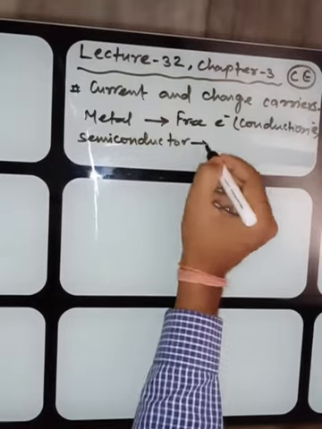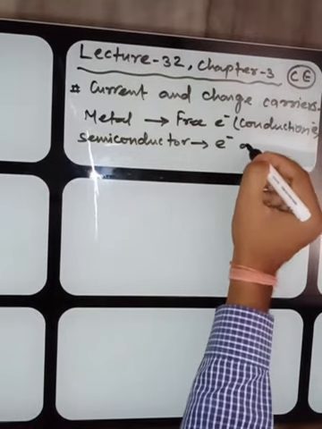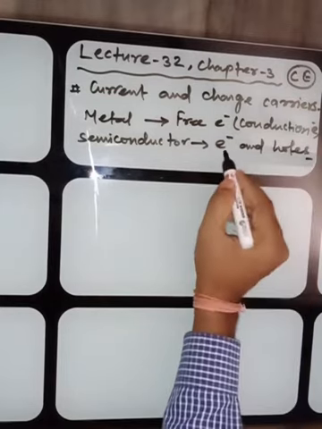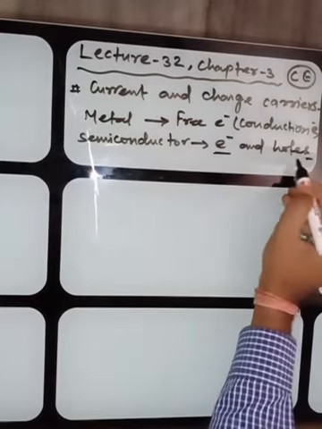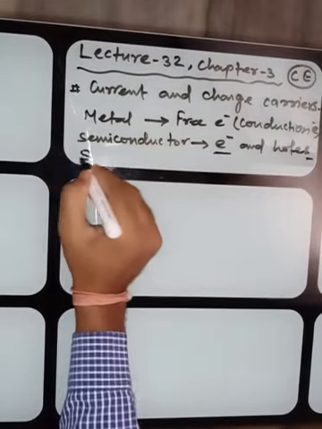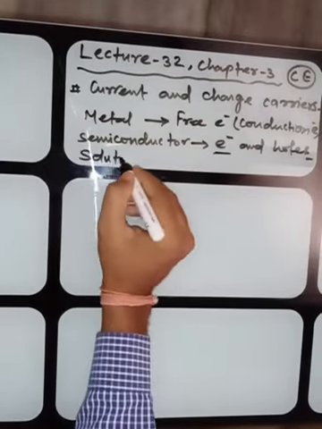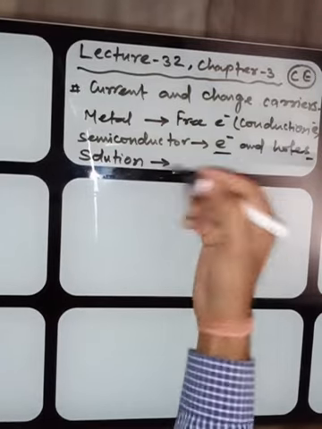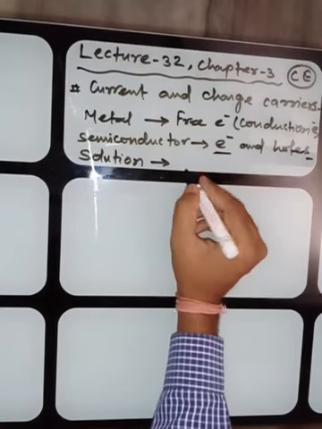In semiconductor, in chapter 14 you have to study semiconductor, electron and holes. Electron is negatively charged, and a hole is a space that is positively charged. That we will study in great detail. In solution, like a chemical solution, in chemistry you used to study about solutions.